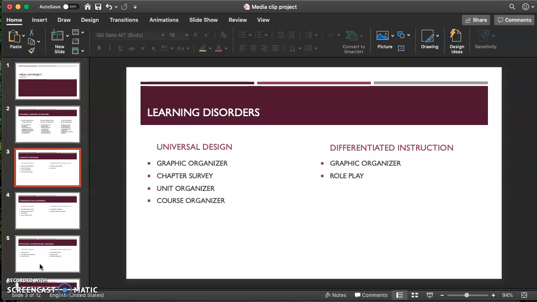So the universal design for that would be graphic organizers that would help students with learning disorders in just getting them organized. Chapter survey, organizer, course organizer, and differentiated instruction could be role playing or, of course, another graphic organizer.